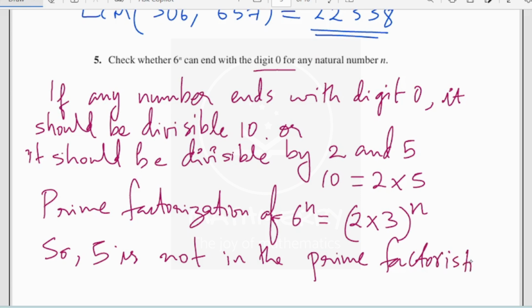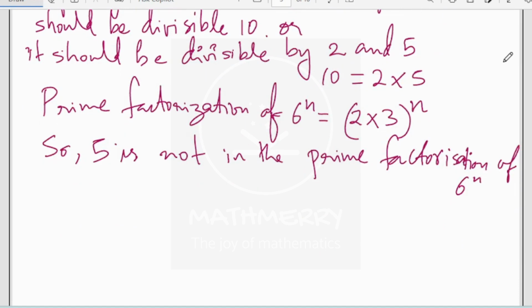So if 5 is not in the prime factorization of 6 raised to n, then what can we say about 6 raised to n? We can say that hence for any value of n, 6 raised to n will not be divisible by 5. So therefore 6 raised to n cannot end with the digit 0 for any natural number n.